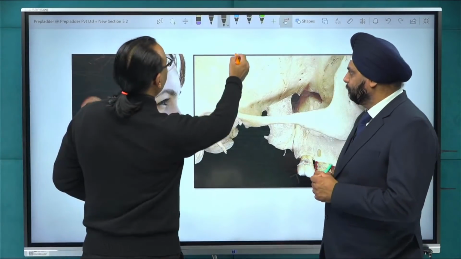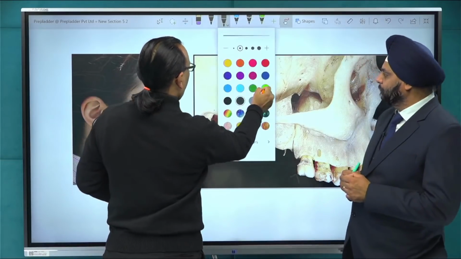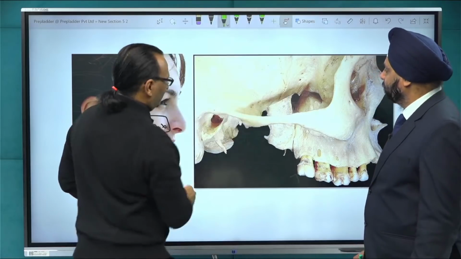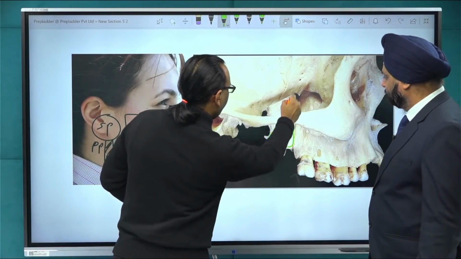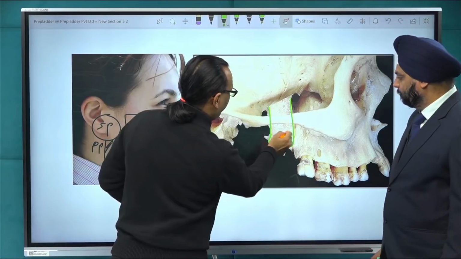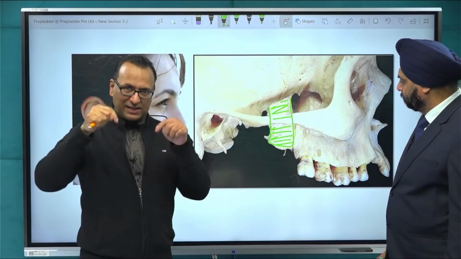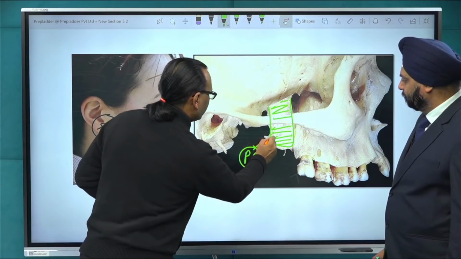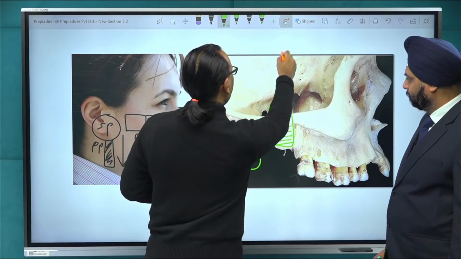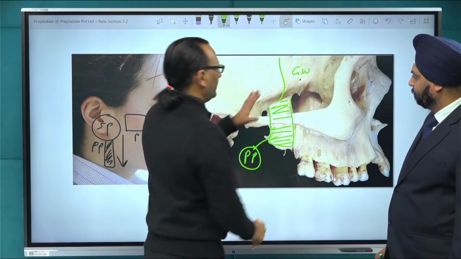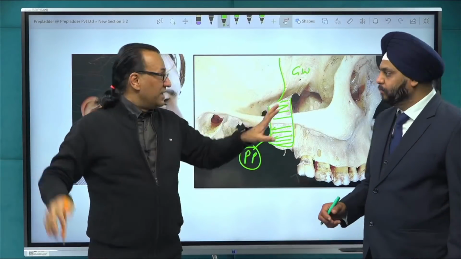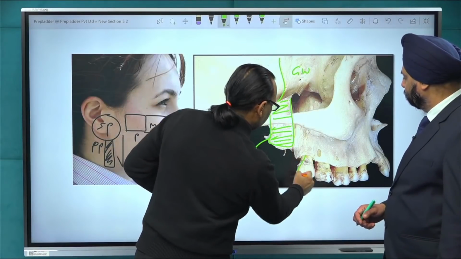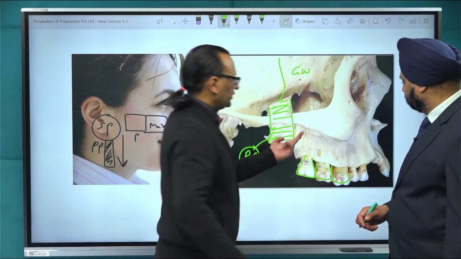Now here, this is the pterygoid process, pterygoid plate, the legs of the butterfly, the sphenoid. So pterygoid plates of the sphenoid bone, and this is the greater wing of sphenoid. What is this upper teeth in which bone?